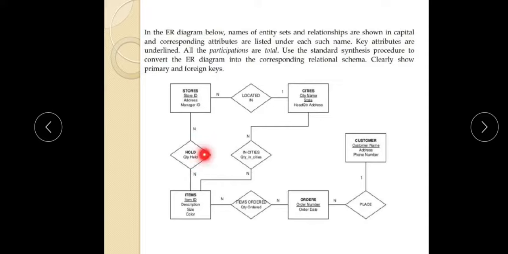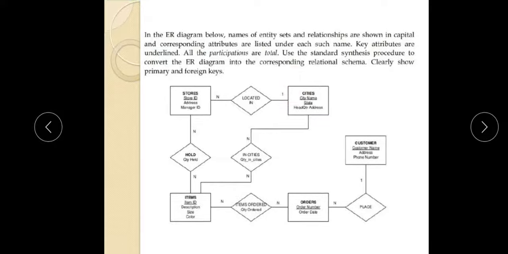For example, hold has an attribute, quantity held. In cities also has an attribute called quantity in cities. Items ordered also has an attribute called quantity ordered. So these are the entity sets, their attributes and the relationships.